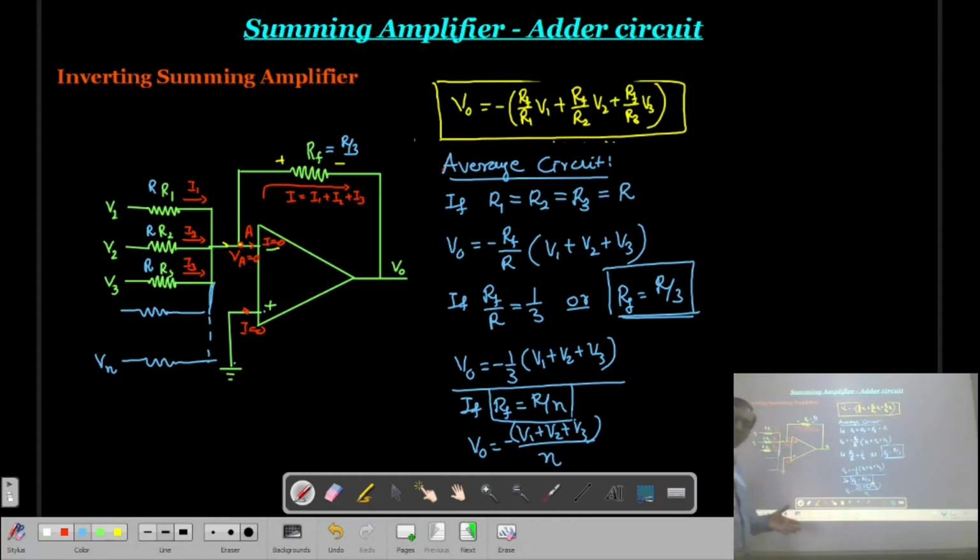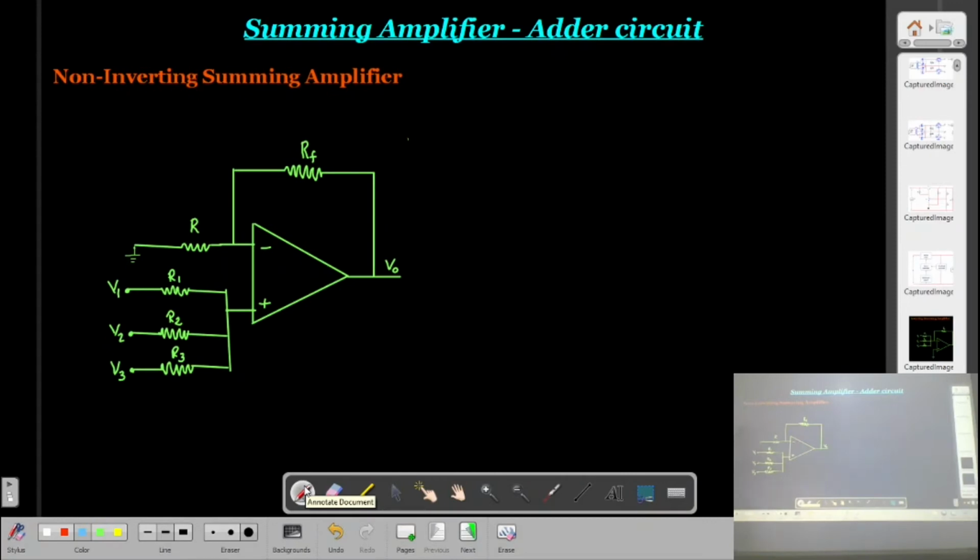Now the same kind of analysis you can also have for a non-inverting summing amplifier. So let us see what a non-inverting summing amplifier is. Again we take an example of 3 different voltages V1, V2 and V3. Here all these voltages are given to the non-inverting terminal of the operational amplifier. And here you see RF by R is connected to the inverting terminal, and the R is connected to ground.